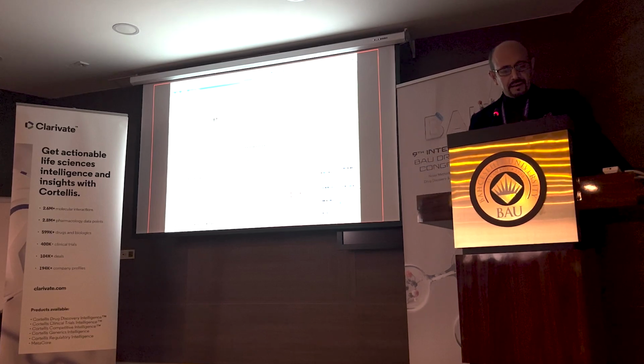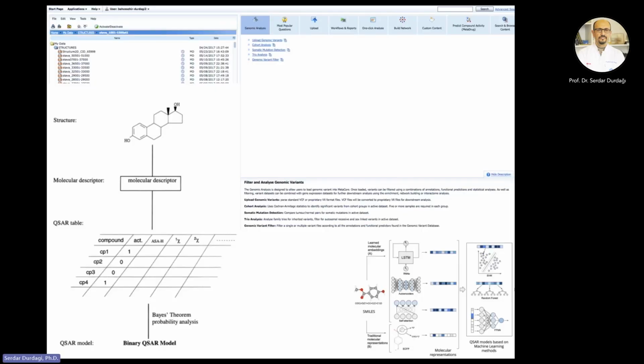So as I mentioned, in Metacore we have in total more than 70 different QSAR models, and I will explain how these models are created. Here you can find one simple example that shows how the QSAR table should look.